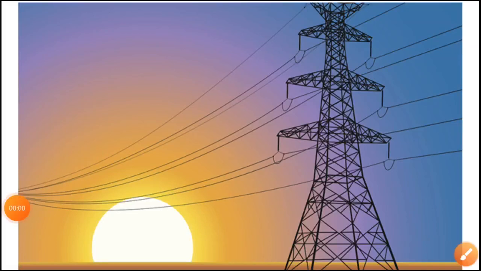Hello friends, in this class we are going to learn, in continuation, how to draw EHT towers. In the previous class we have seen the importance of supporting materials in transmission and distribution systems, and we have seen that a transmission tower is a tall structure, usually a steel lattice tower, used to support overhead power lines.